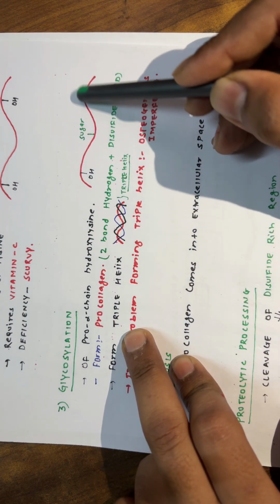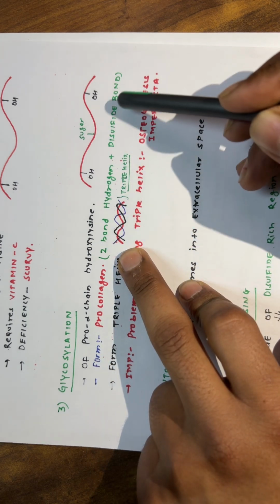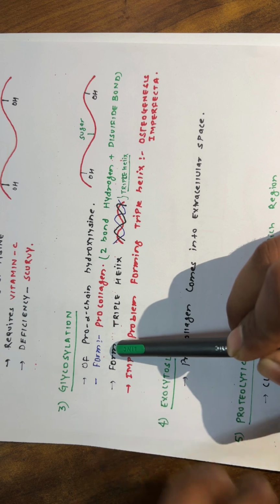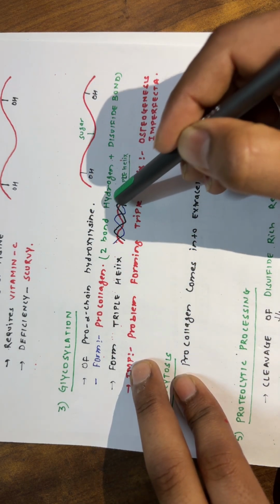There will be formation of two bonds, one is a hydrogen bond and one is a disulfide bond, and the final form that appears will be the triple helix.